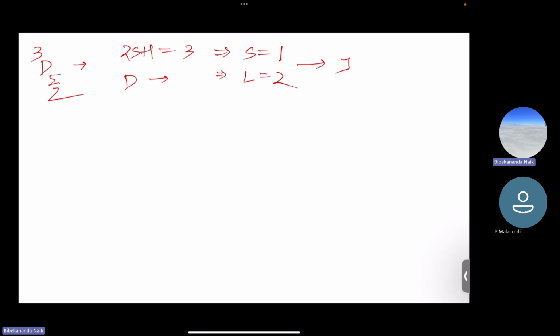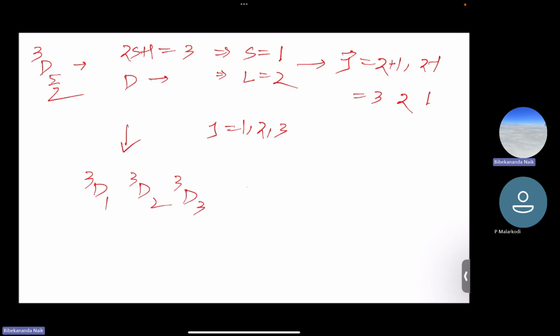So corresponding J values will be 2 plus 1 and 2 minus 1. So 2 plus 1 is 3, 2 minus 1 is 1. So there will be 2 in between. So J values are 1, 2 and 3. So the spectroscopic terms will be 3D1, 3D2 and 3D3. So J 5 by 2 is not possible. So this spectroscopic notation is not feasible according to the concept that we have been discussing. I hope this is clear to everyone.